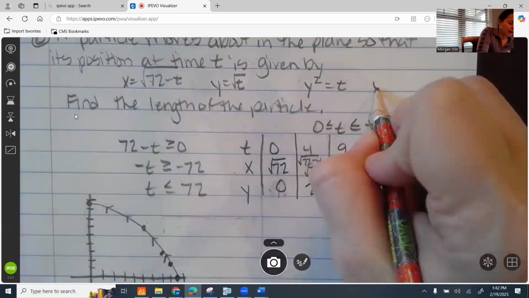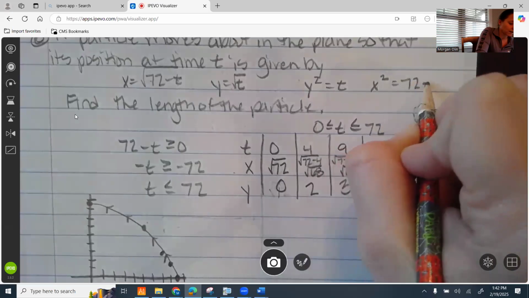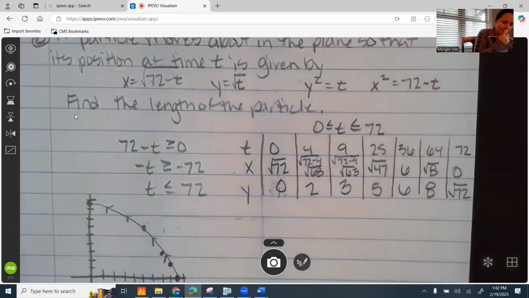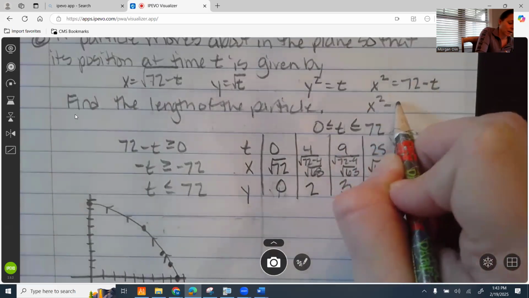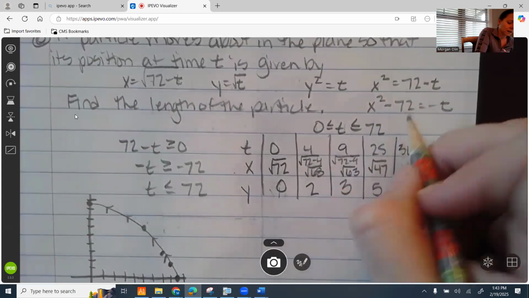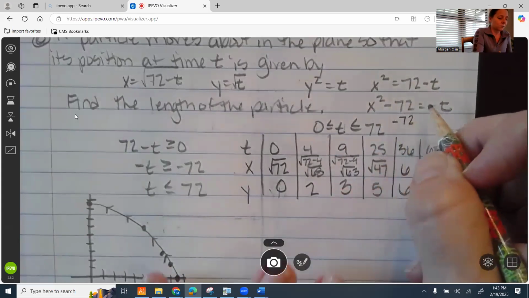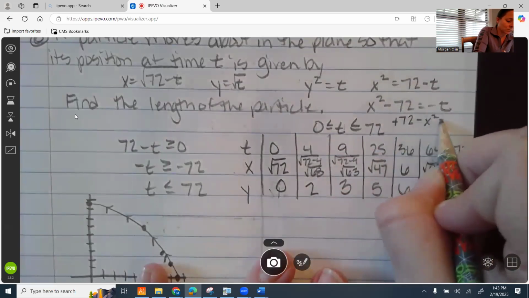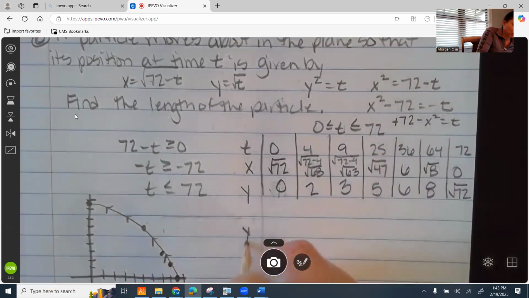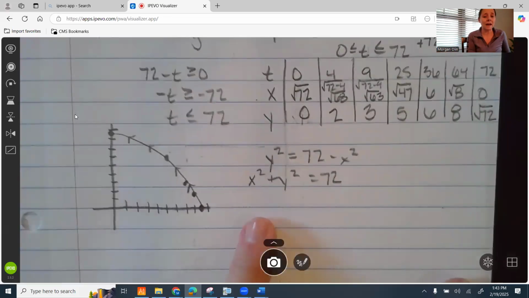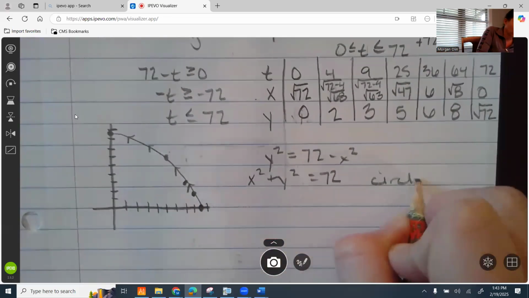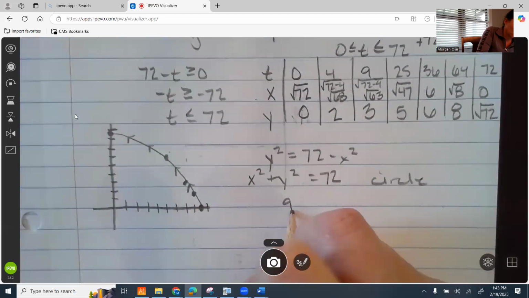Solving the other one for t, I get x squared equals 72 minus t, so x squared minus 72 equals negative t, and positive 72 minus x squared equals t. We can set these equal to one another: y squared equals 72 minus x squared. If I move this over, I get x squared plus y squared equals 72. So we just verified this is a circle, and going from here to here, it's a quarter circle.